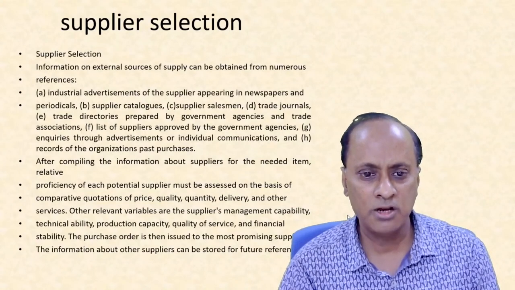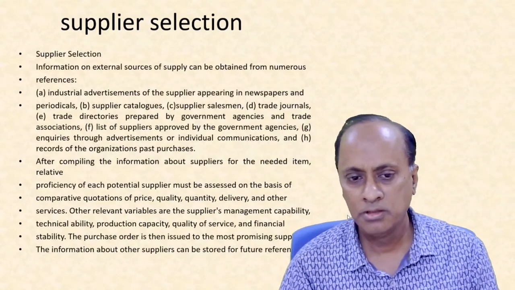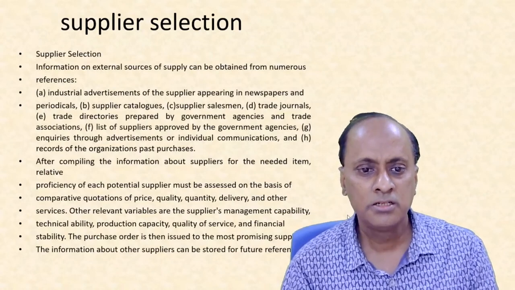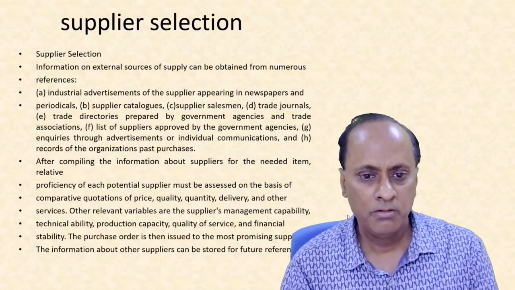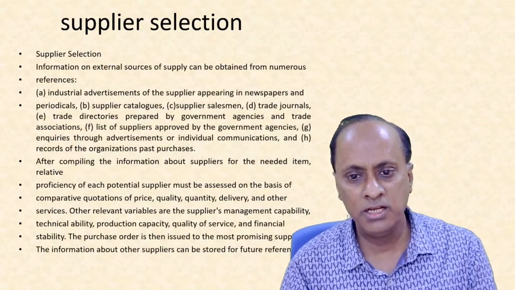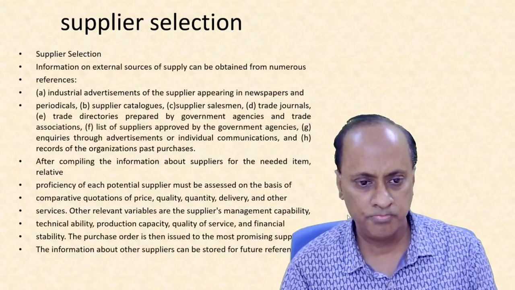What is their quotation? How much have they quoted for their price? Suppose they have to supply 10 computers, at what price of a particular configuration are they supposed to supply? How is the quality? What is the quantity? What is the delivery date and other services?